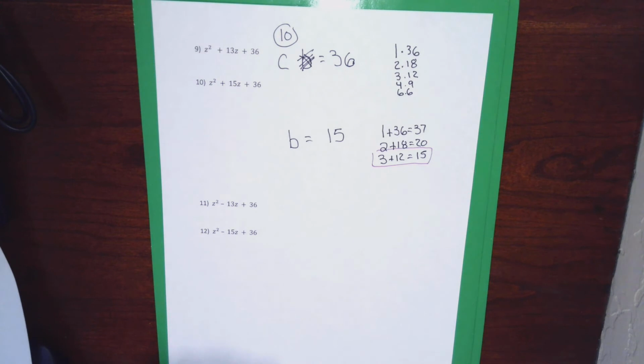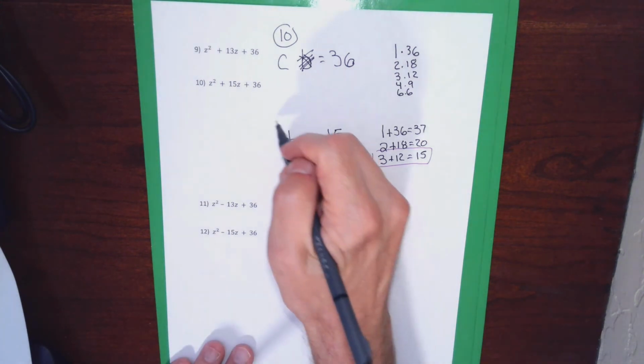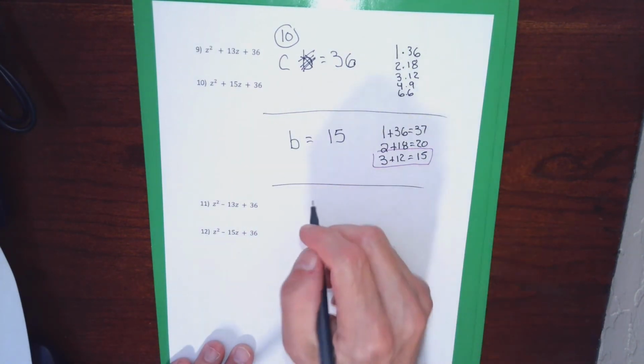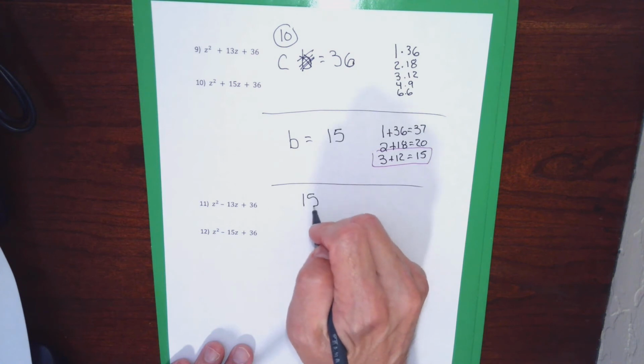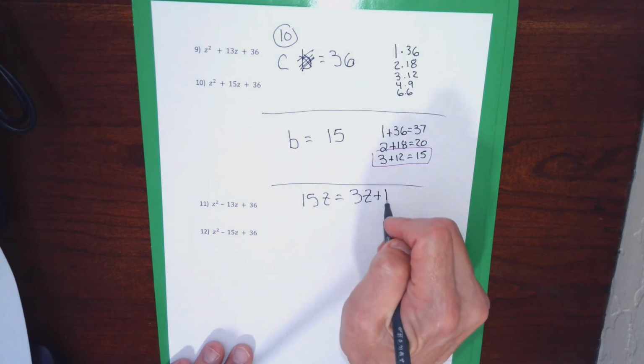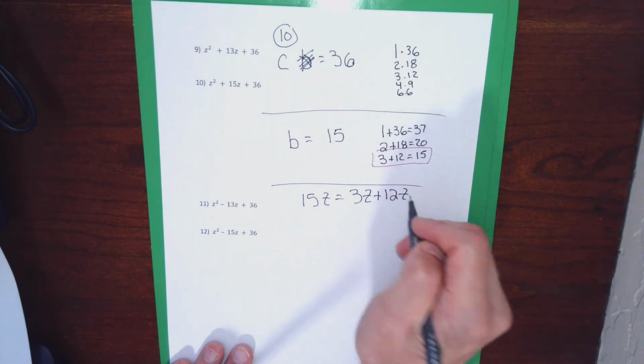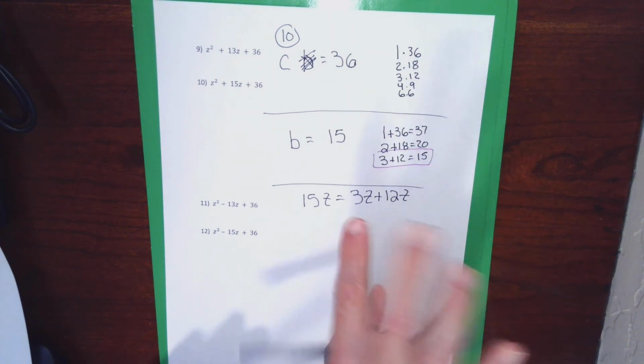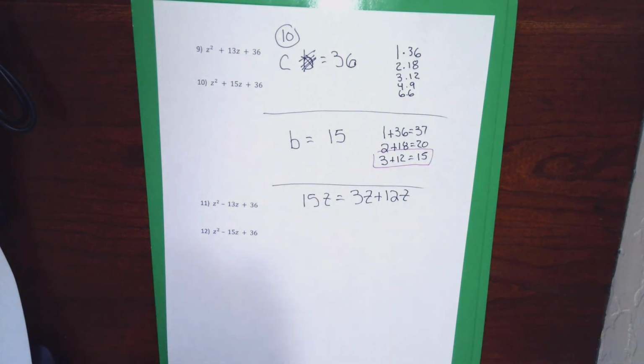And now I'm going to rewrite the 15z in the problem using those two numbers. When I rewrite it, the order that I rewrite it in is not a deal breaker. I could have the 3 first and the 12 second, or the 12 first and the 3 second. Turns out that the order that you write the numbers in absolutely doesn't matter.